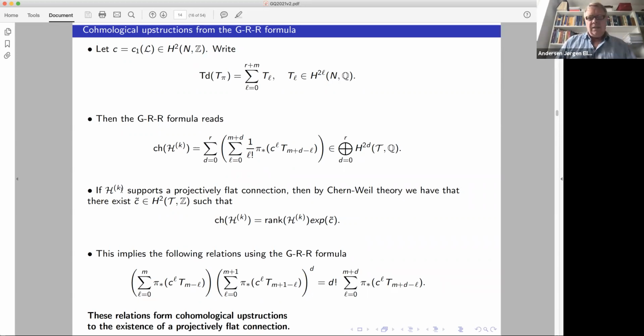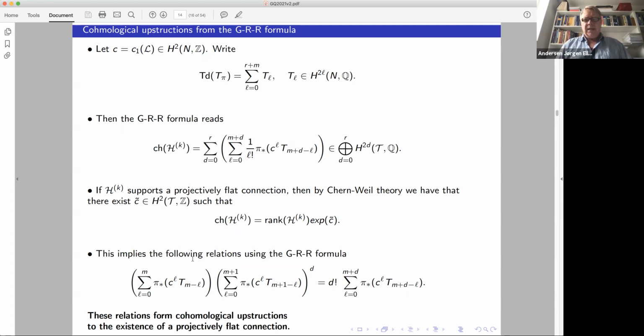And so if H^k supports a projectively flat connection, well then Chern-Weil theory will tell you that there must exist a C-twiddle on the base, a cohomology class of degree 2, in such a way that the Chern character of the whole bundle is the rank of the bundle times the exponential of that degree 2 class.